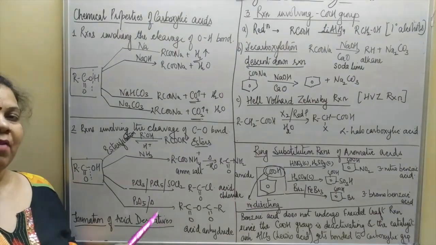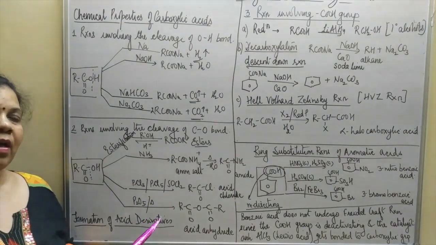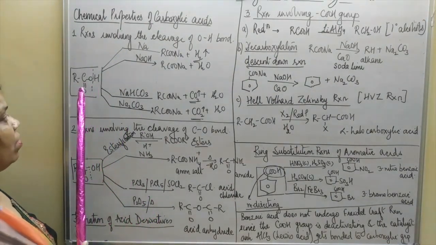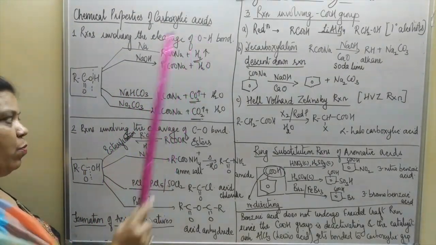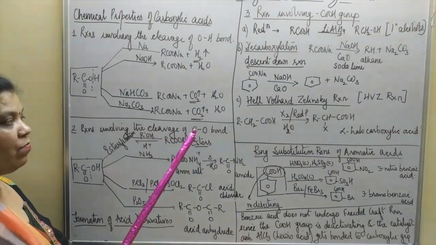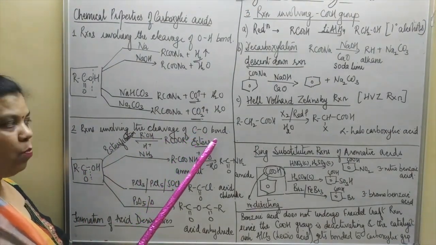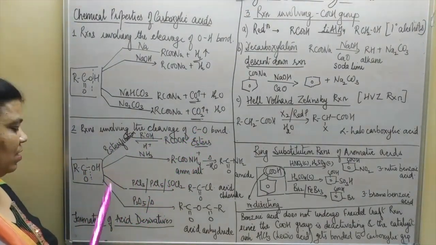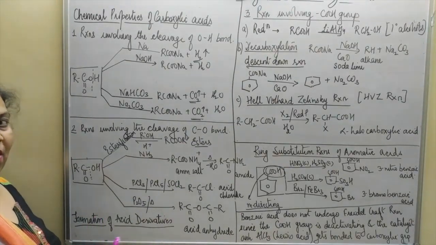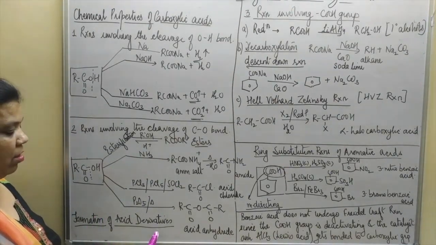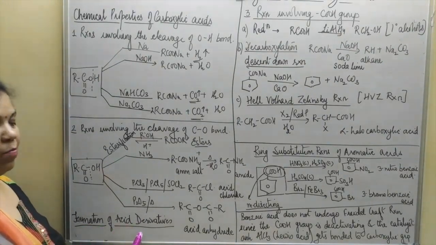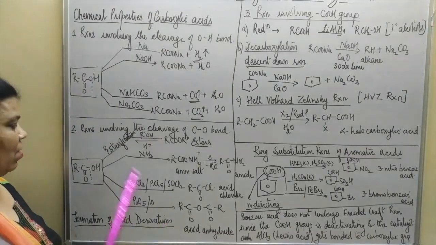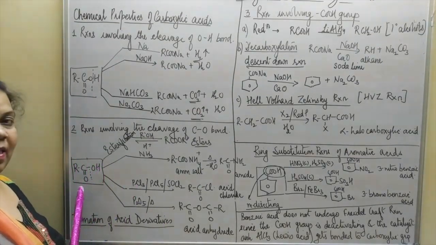Remember, it is not given by phenols, only by carboxylic acids. So these were the reactions involving the cleavage of the O-H bond. Now let us study the reactions involving the cleavage of the C-O bond of the carboxylic acid, and all these reactions we have already studied earlier in the introductory part of the chapter, which basically result in the formation of the derivatives of acids. For example, let us see them once again.